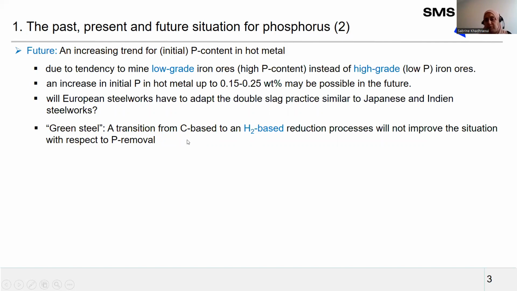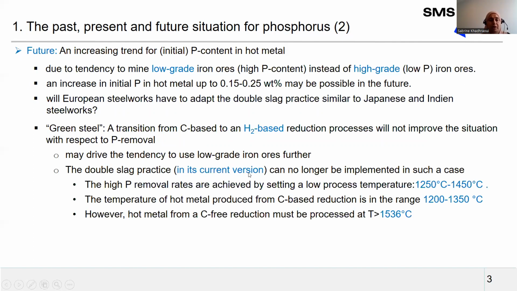So the problem will be there, and it may even sharpen in the future because it may drive the tendency to use low-grade iron ores even further, because they have a lower price, to compensate for the increase in production technology and energy costs. And the double slag practice, at least in its current version, cannot be implemented in such a case. So it's not a solution, it's not an option.